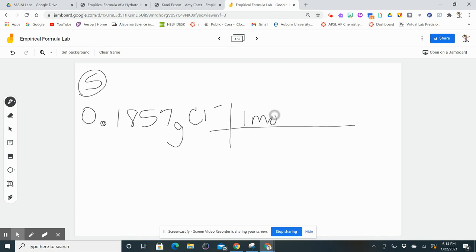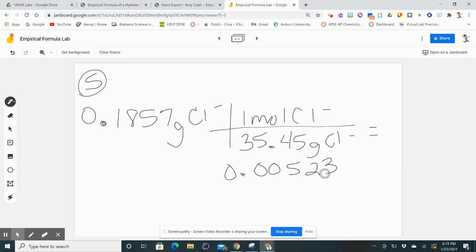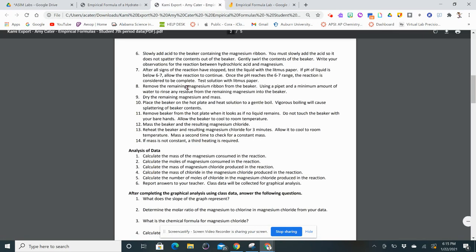So in 1 mole of chloride, there is 35.45 grams of chloride. So that's going to give me 0.00523 moles of chloride. Okay? All right. So that is number 5.